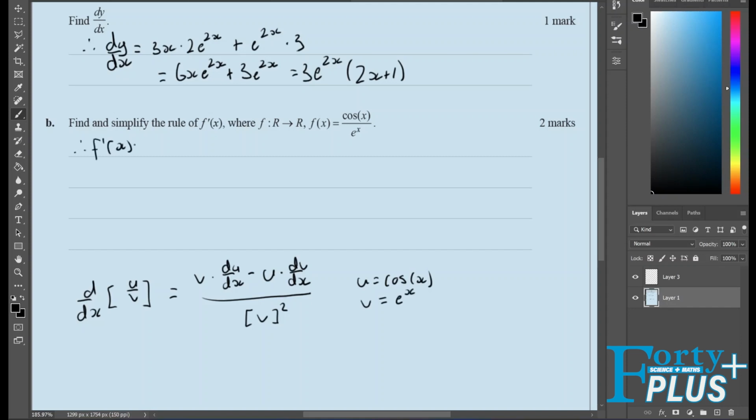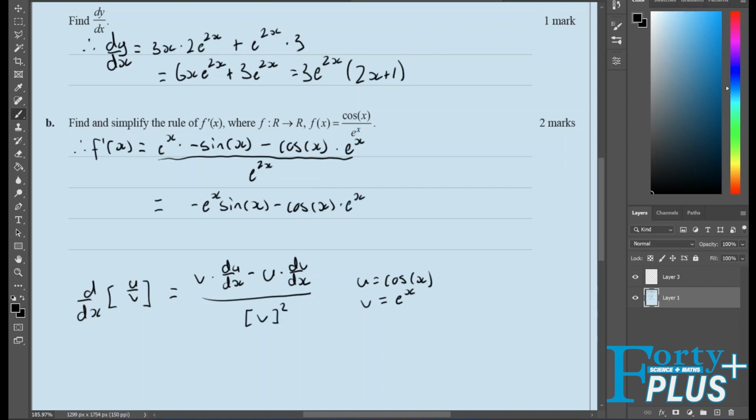So therefore f'(x) equals v, which is e to the x, times du/dx, which is minus sine x, minus u, which is cos x, times dv/dx, which is just still e to the x, all over v squared, so that's going to be e to the 2x, and then we're left with minus e to the x sine x minus cos x times e to the x, all over e to the 2x.